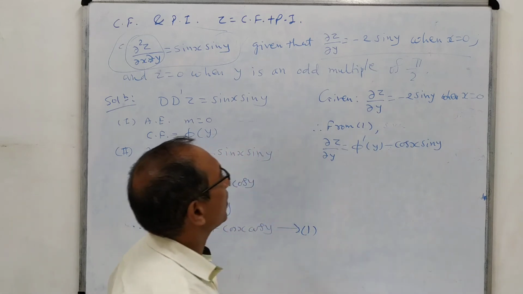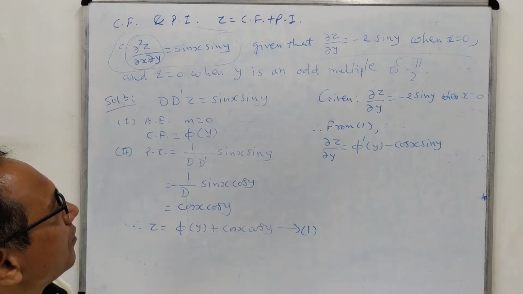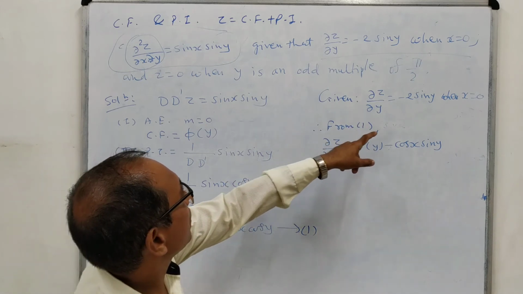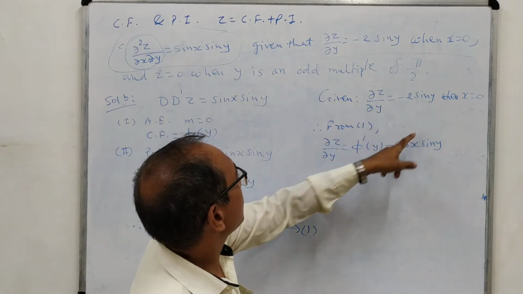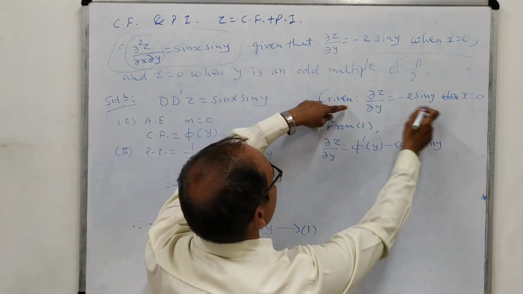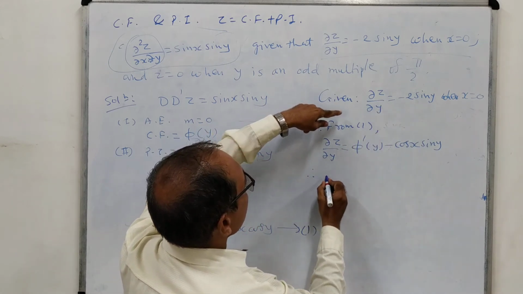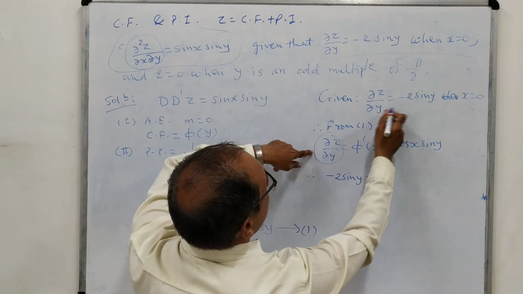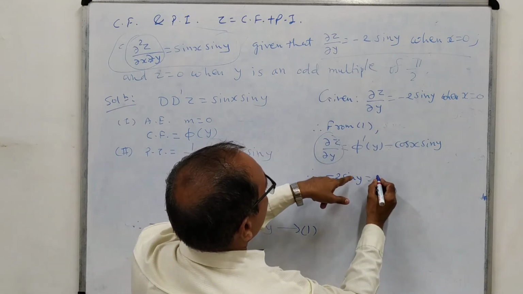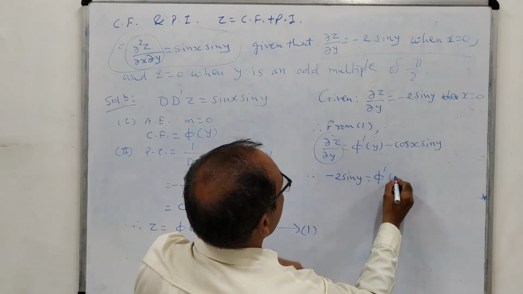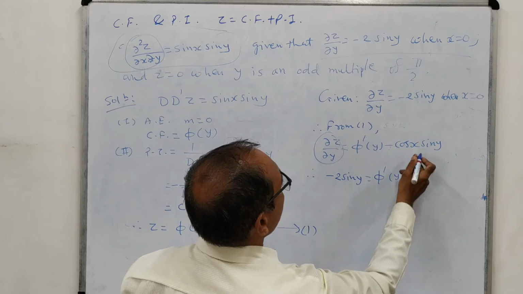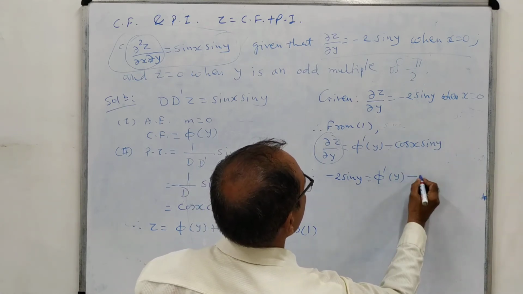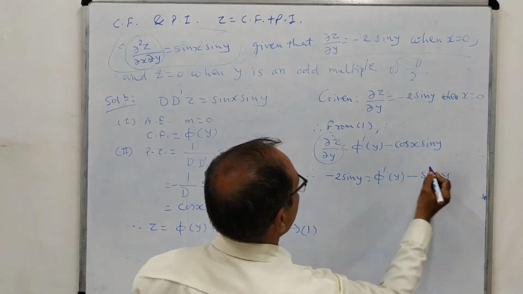Now we will put the value x equal to 0. When x equal to 0, del z by del y has the value minus 2 sin y. So we will put the value for this, minus 2 sin y. Phi dash y will remain as it is. X is 0, so cos 0 is 1. So it is minus sin y.